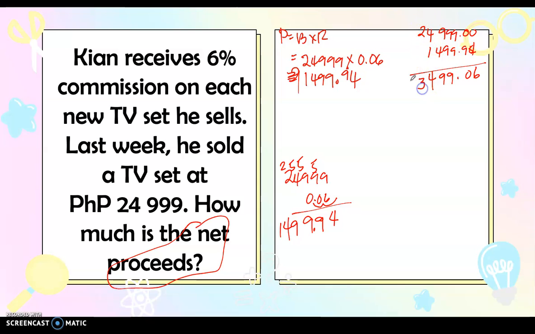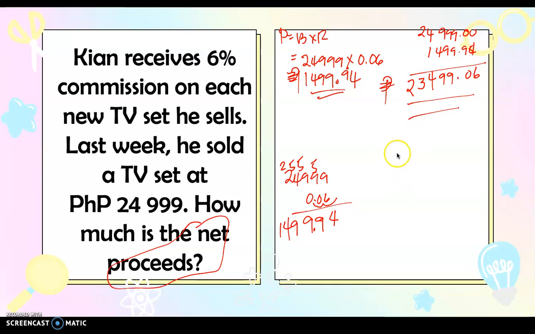This is 3, 2. Okay, let's check. So it's correct. The net proceeds is 23,499 pesos and 6 centavos. We just use the commission to subtract from the total sales.